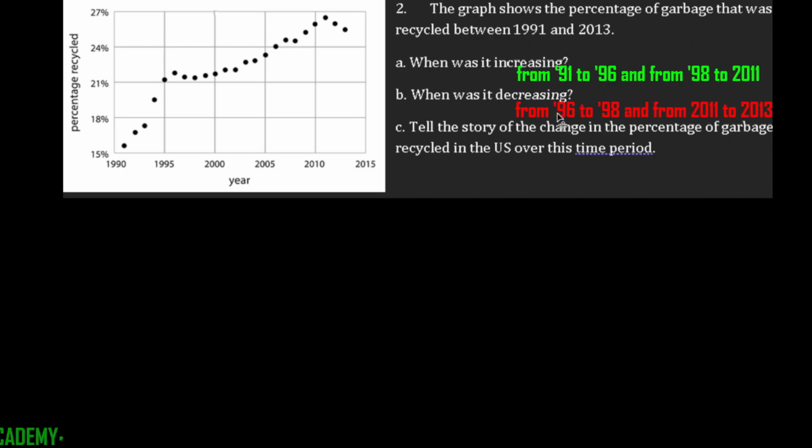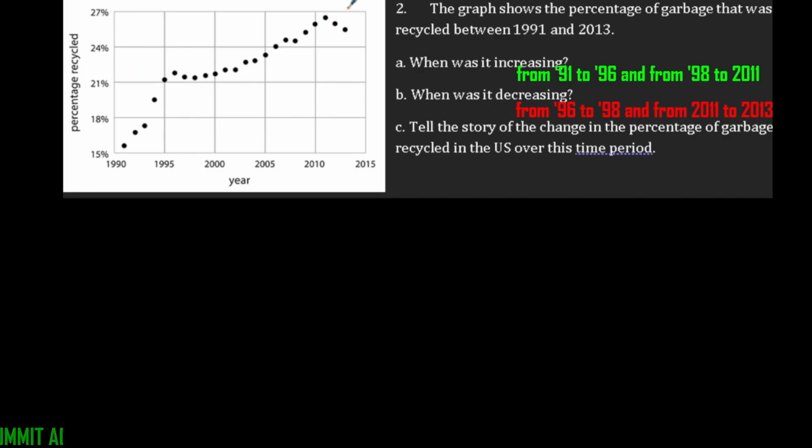So it's decreasing now from 96 to 98. So where's that at? We said 1996. It's about right here to 98. And from 2011 to 2013, which is those three as well. So notice how as we move to the right, those are going down. So just be able to kind of notice those patterns when you're working on that graph.